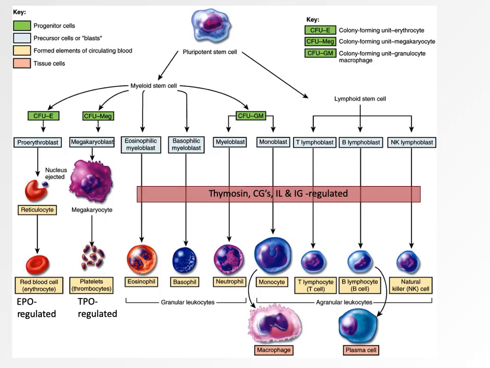The lymphocytes are going to come from that lymphoid stem cell and will form either the T lymphocyte, usually referred to as the T cell, or the B lymphocyte, usually referred to as the B cell. And then we also get what's referred to as the natural killer lymphocyte, or the NK cell.